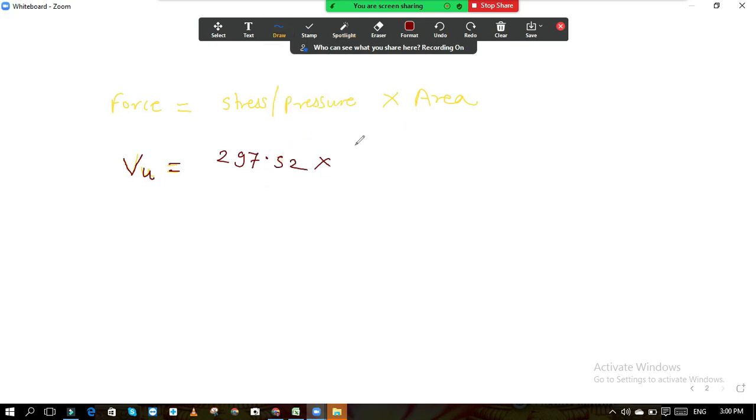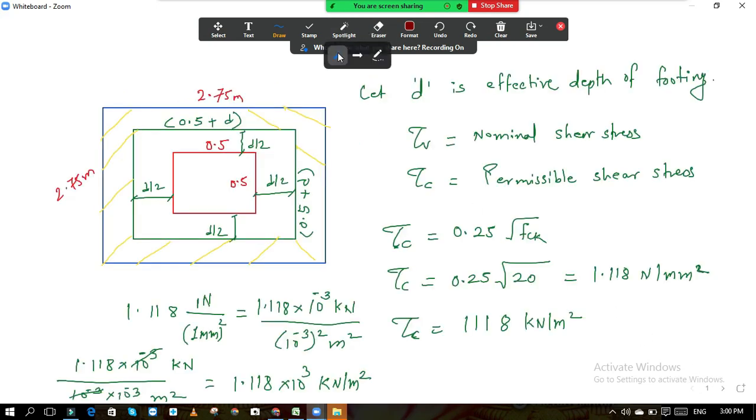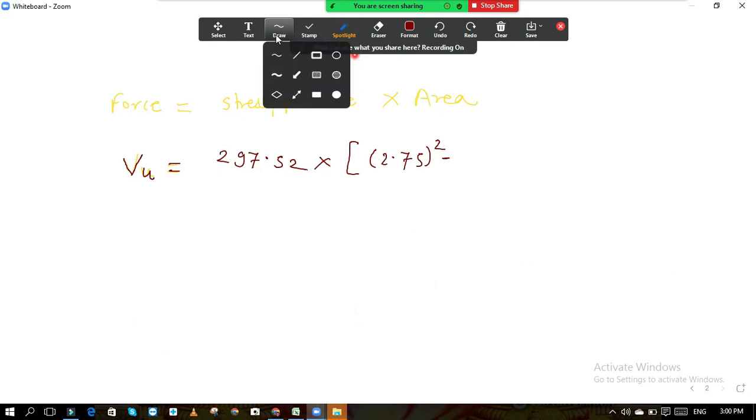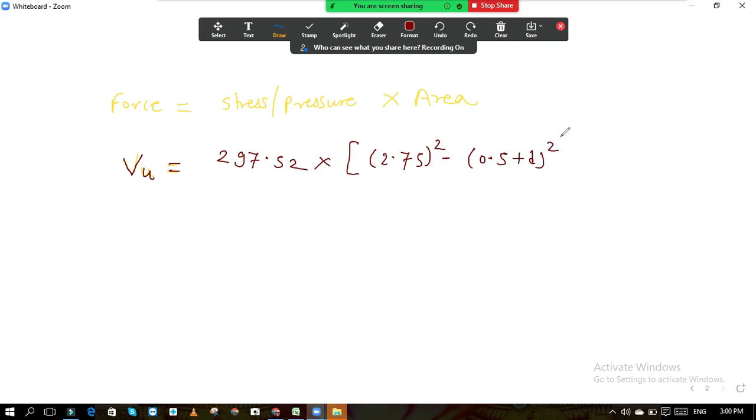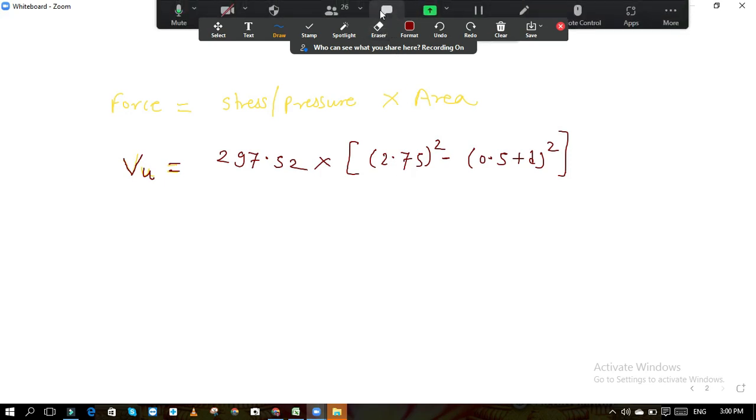The remaining area will be the area of this footing, 2.75 square, minus this square, (0.5 plus d) bracket square. Is it clear? If anybody has any doubt in this, you can ask me.